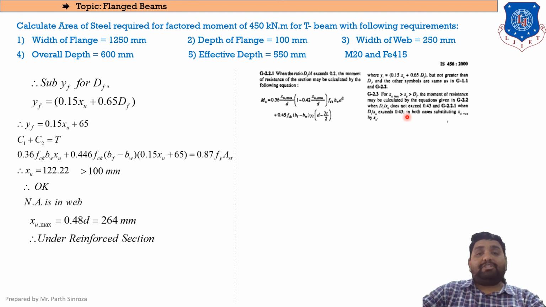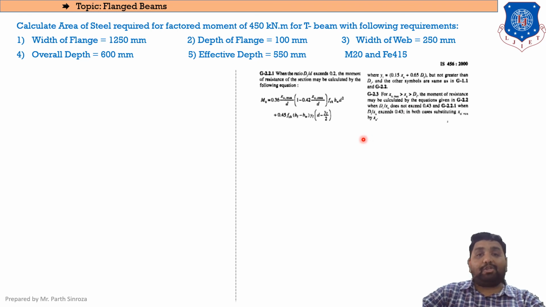So moving further on G2.3, it is mentioned that the ratio of DF by XU is important. So we will be finding the ratio of DF by XU. DF by XU here comes out to be 0.81, which is greater than 0.43. So as it is said, we will be using G2.2.1 when DF by XU exceeds 0.43.